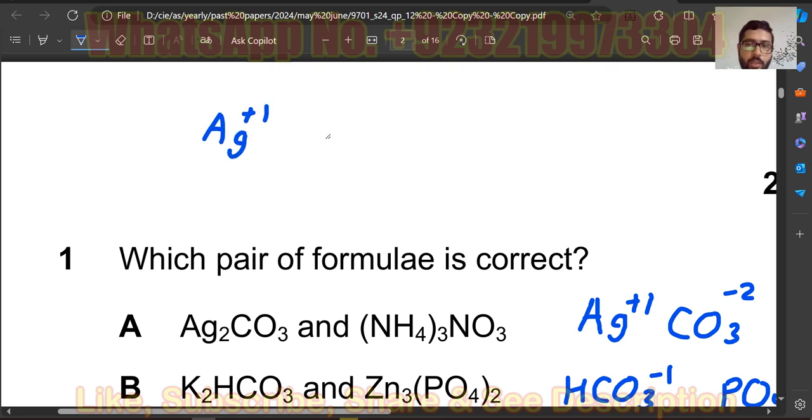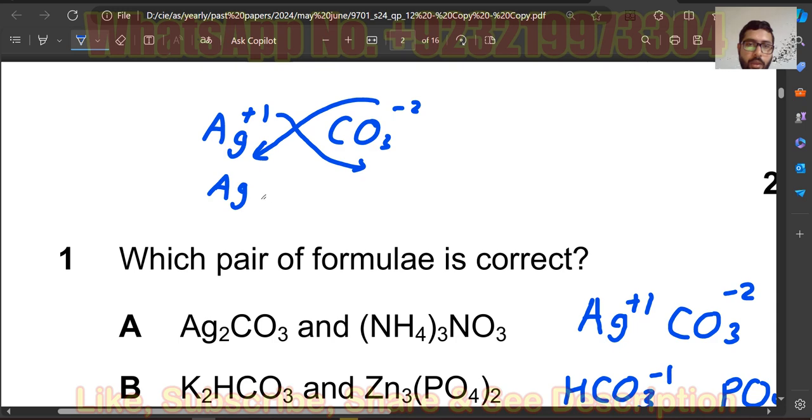Ag has +1 charge. CO3, carbonate, has -2 charge. We use cross multiplication of the charges, and this way 2 comes below Ag and CO3 is written without any number. So that's the correct formula of silver carbonate.